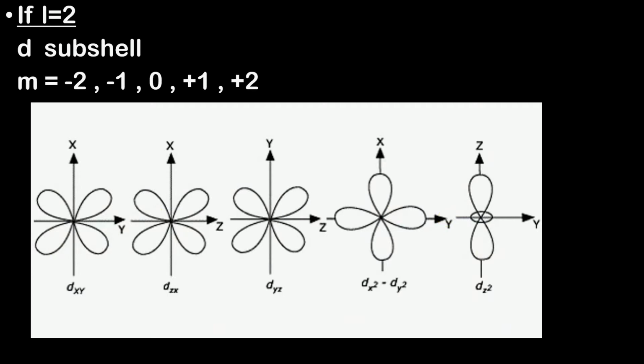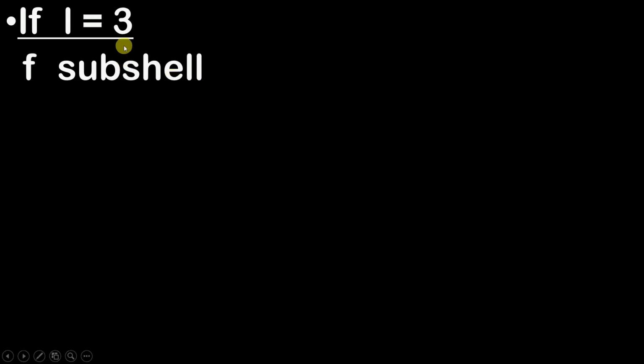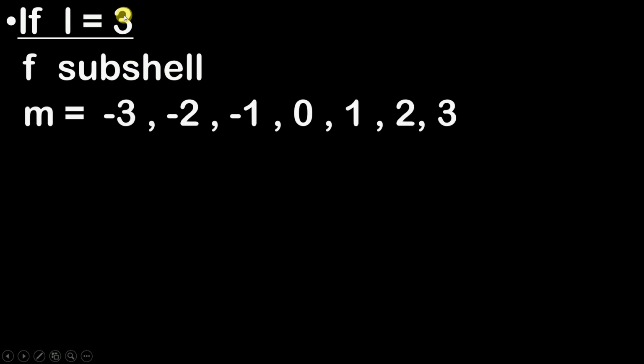Now moving ahead, suppose your value of L is 3. Then the first thing that should pop to your mind is nothing but f subshell. And since the value of L is 3, the value of m is going to range from -3 to +3. So what are the values of m? -3, -2, -1, 0, 1, 2 and 3.